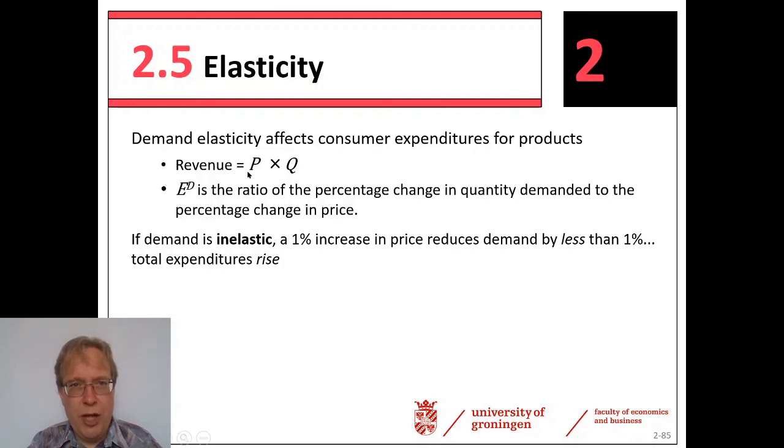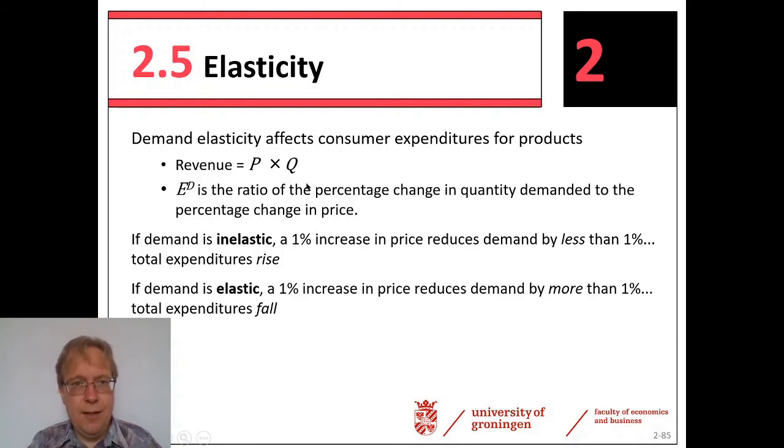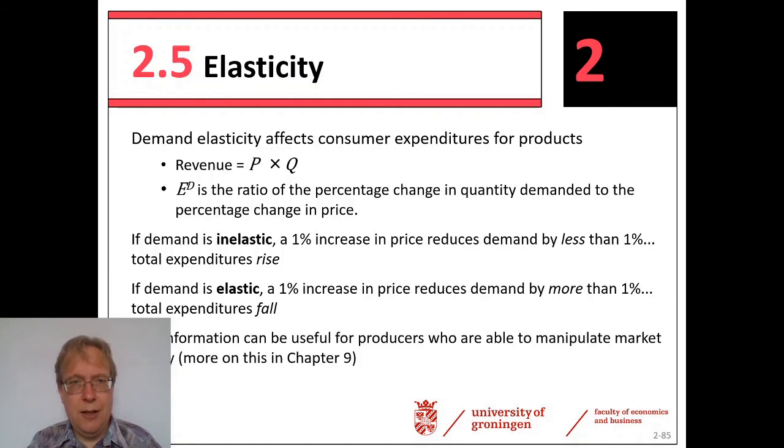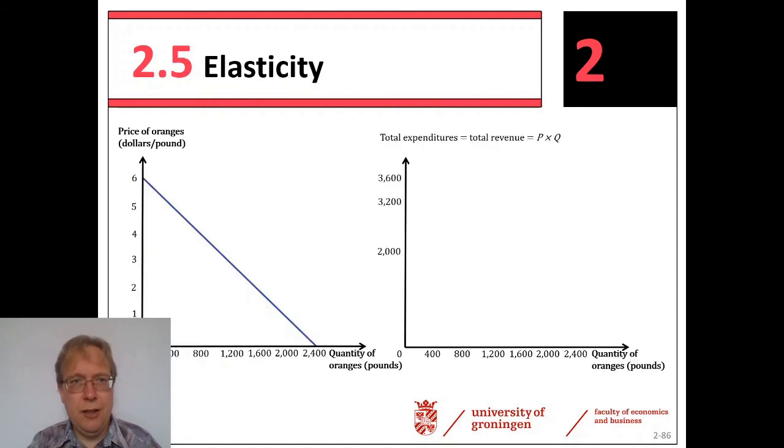Well, then if you would increase your price by 1%, your demand decreases by less than 1%. So what happens to this product? This one is 1%, this one is less than 1%. That means that revenues will increase. If it's elastic, it's the other way around. And we will get back to that in chapter 9, actually.